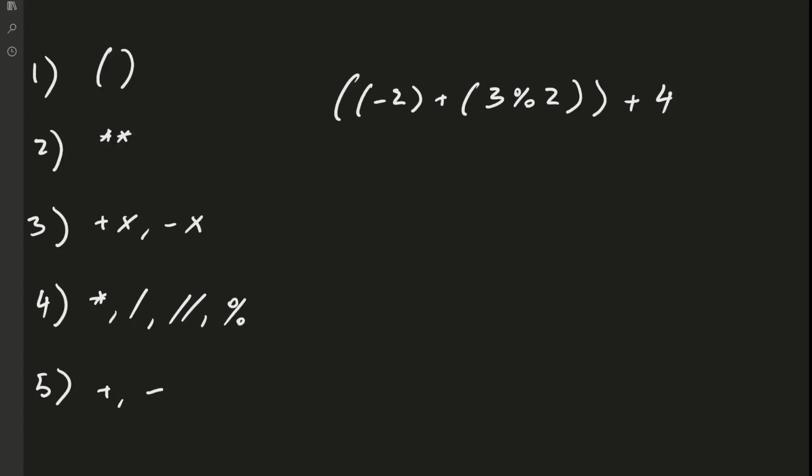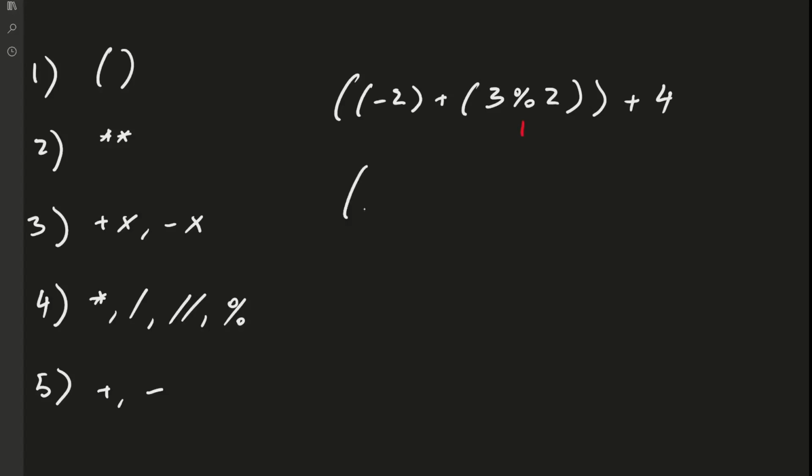First we see our parentheses. We work inside here. Again, parentheses. If we evaluate this, it's just -2. Now we go on to evaluate these. And 3 modulus 2, the remainder of 3 when you divide by 2, is just 1. So we can just replace this with 1.